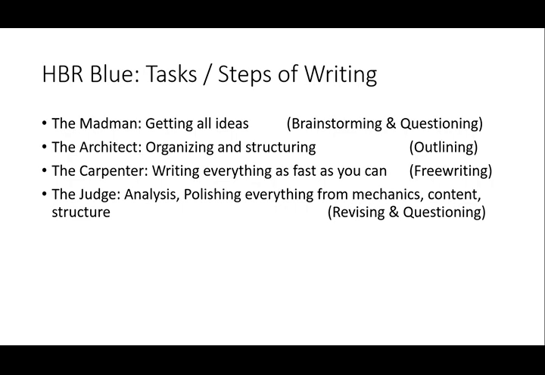Instead of those 4 methods, the Blue Book advises the 4 tasks or 4 steps of writing. The first is the madman. The madman gets all the crazy ideas and puts them on a list somewhere. So this is very similar to the brainstorming and the questioning method of the Red Book.